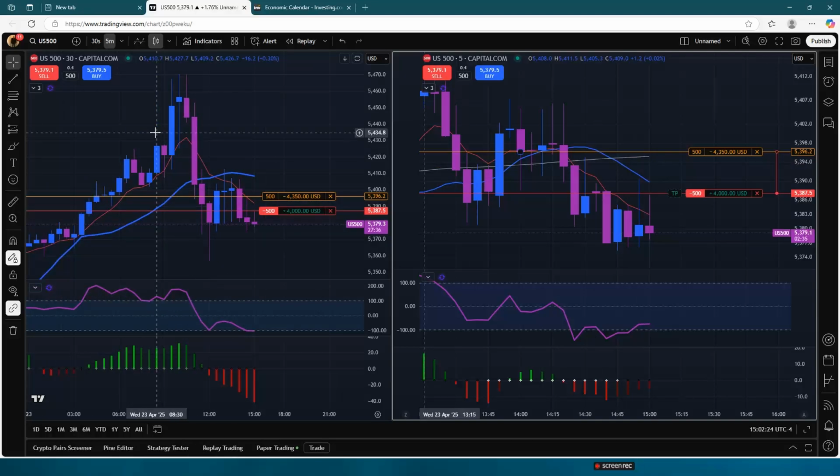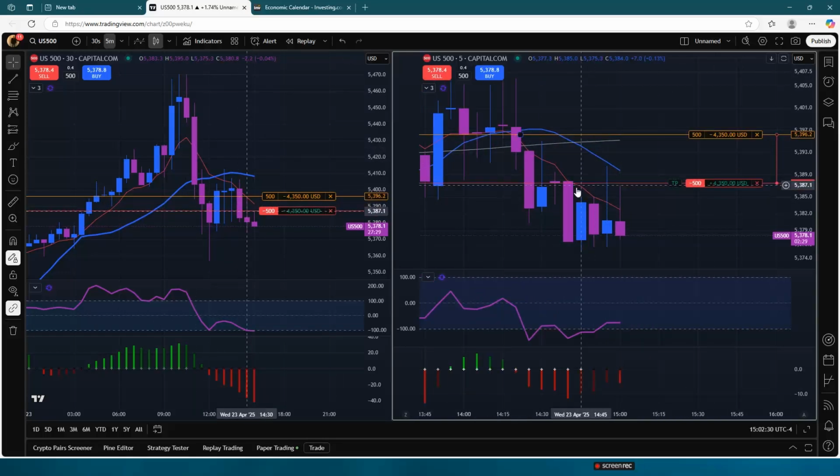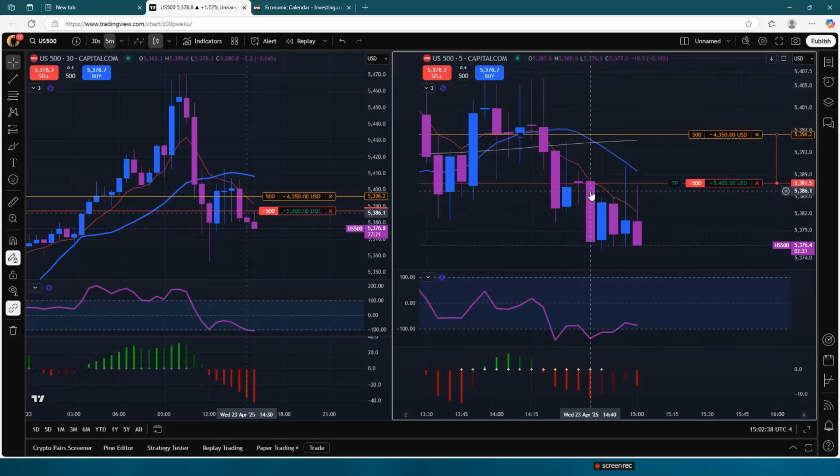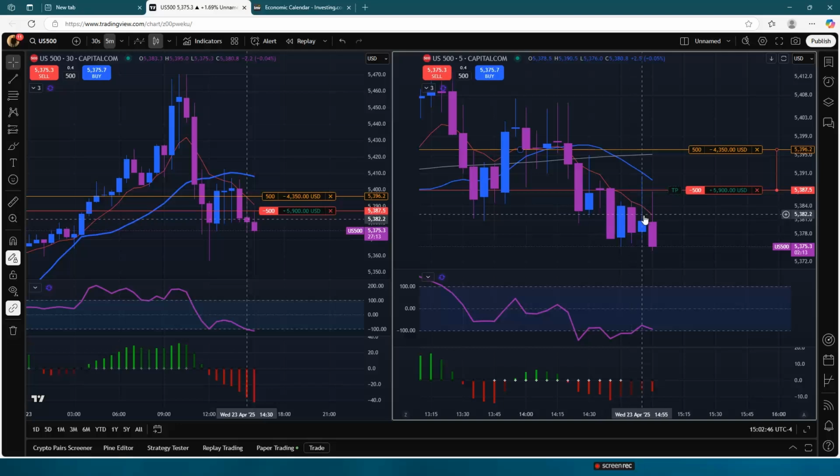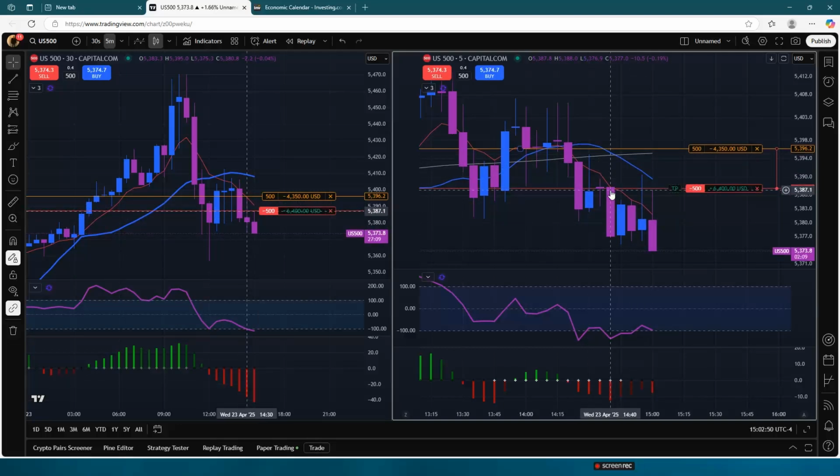So if we were to scalp, this is where you would enter, right in this vicinity, because as long as price is below the 8 period EMA, that is what we want to see. That means we have an opportunity to either add to our position, or we stay in the trade.